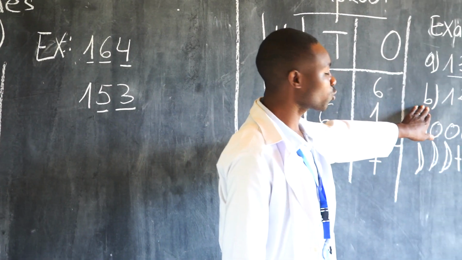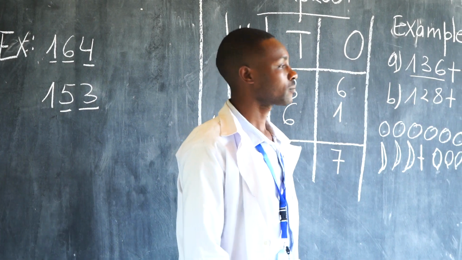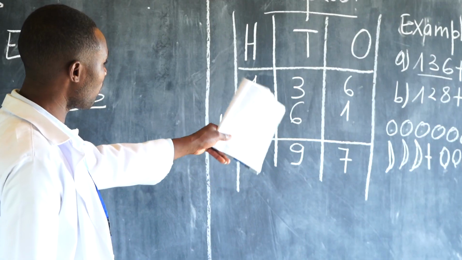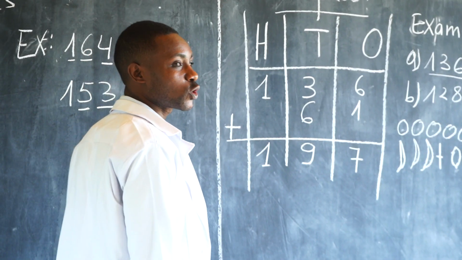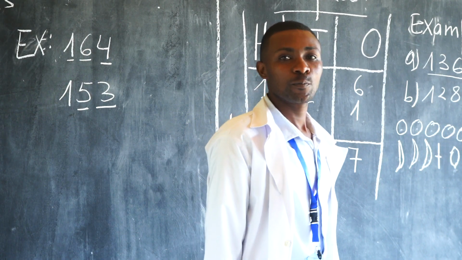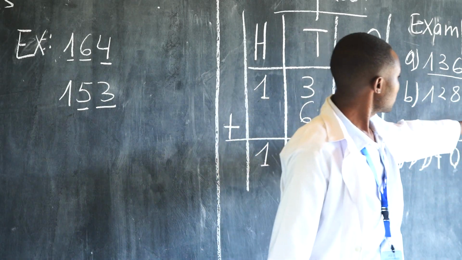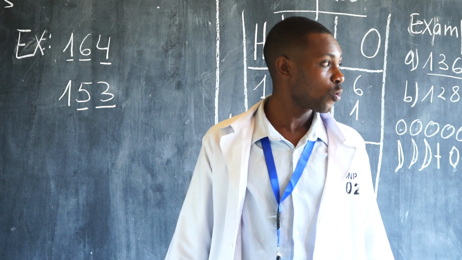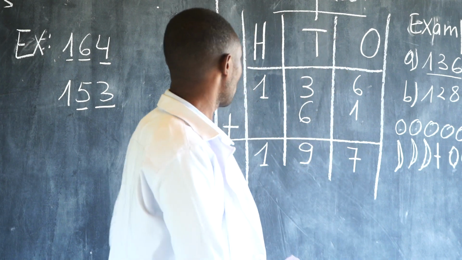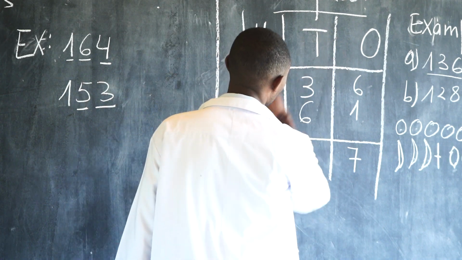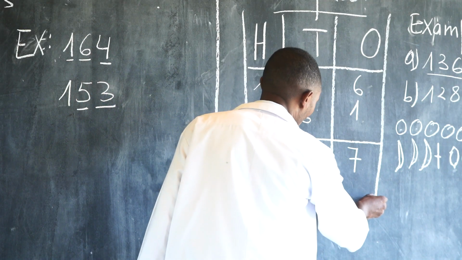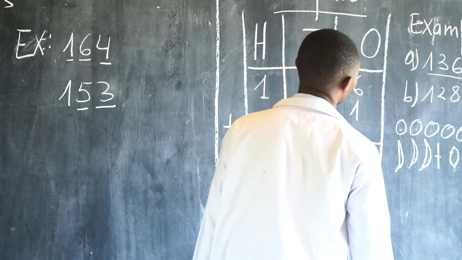Now let us continue to the second question. Now for the second question, we have 128 plus 66. Now, how are you going to do it? Let us draw our place value table.